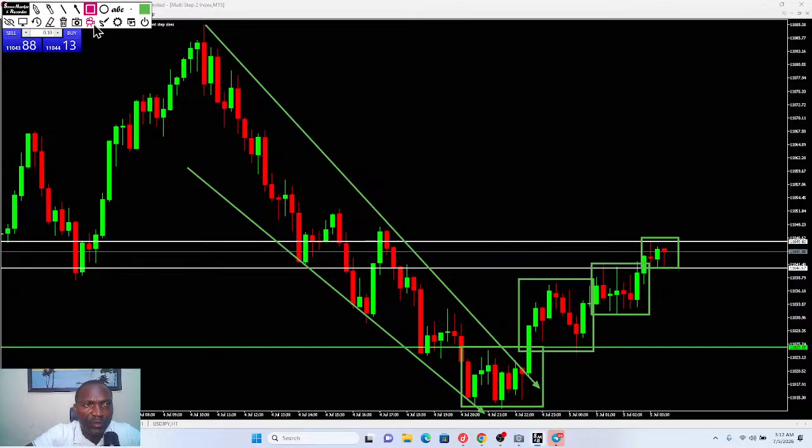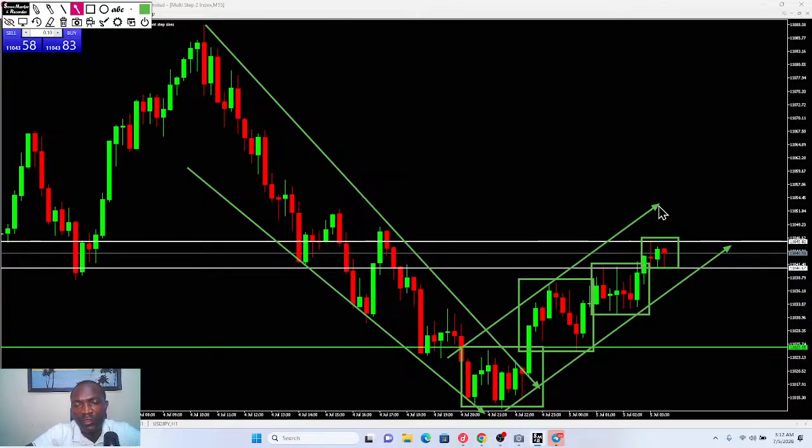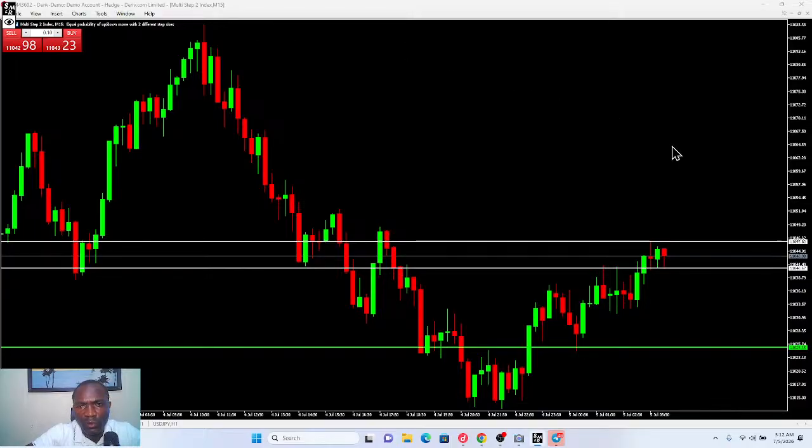So at that point in time, what you are seeing is an uptrend right here now. That means there's already a change of trend based on the market structure. And this trend change happened on the lower time frame. So these are the areas that you need to really understand.